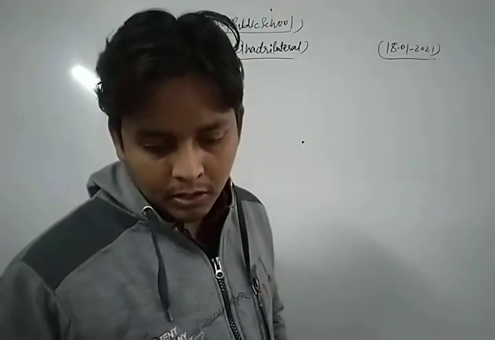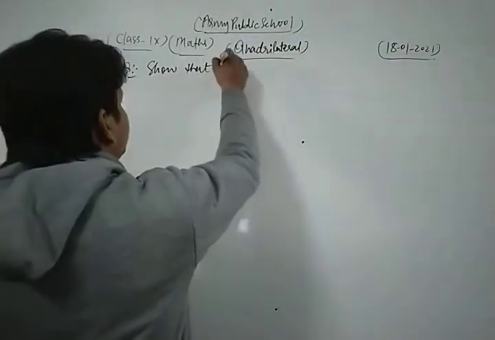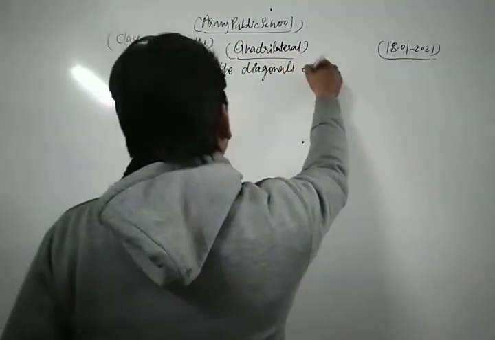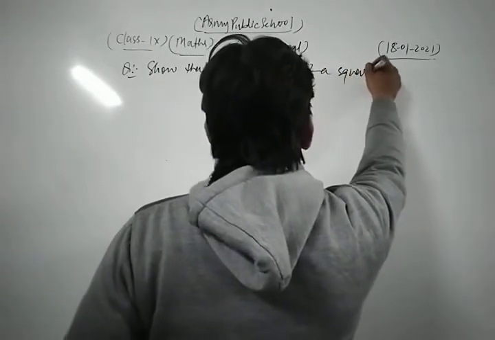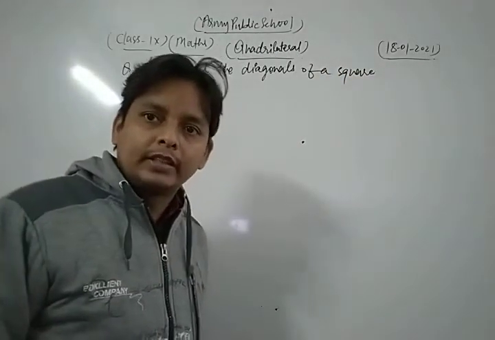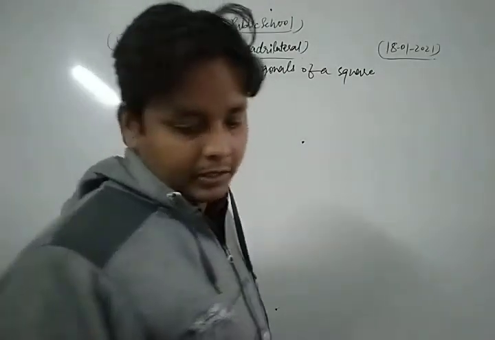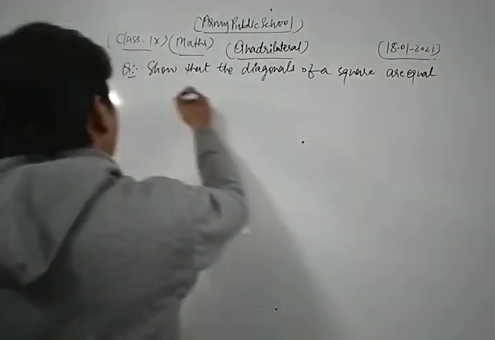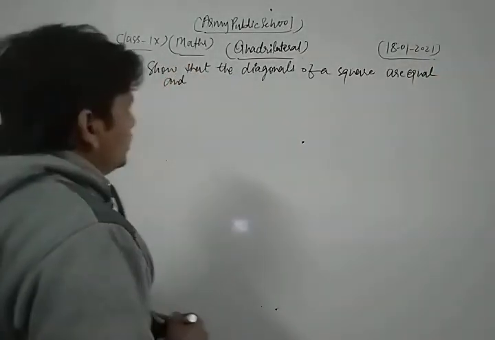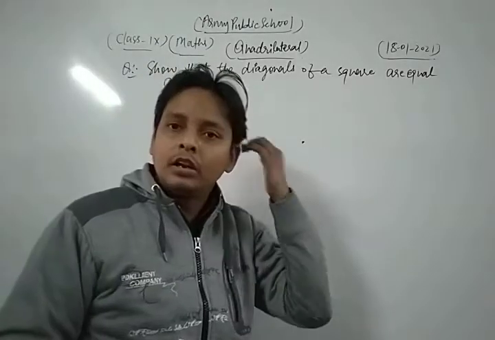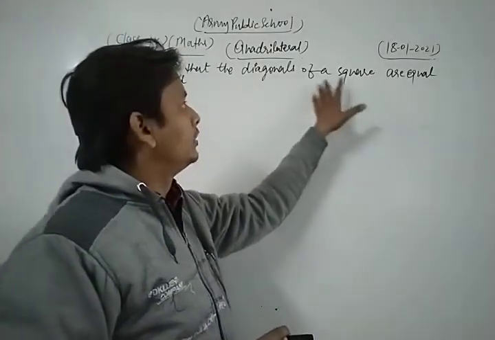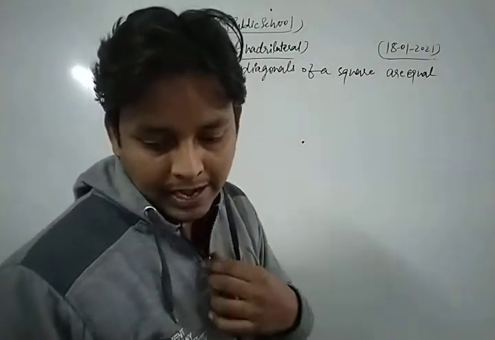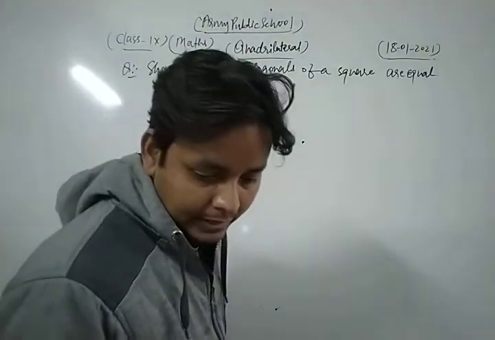Show that the diagonals of a square are equal and bisect each other at right angles.